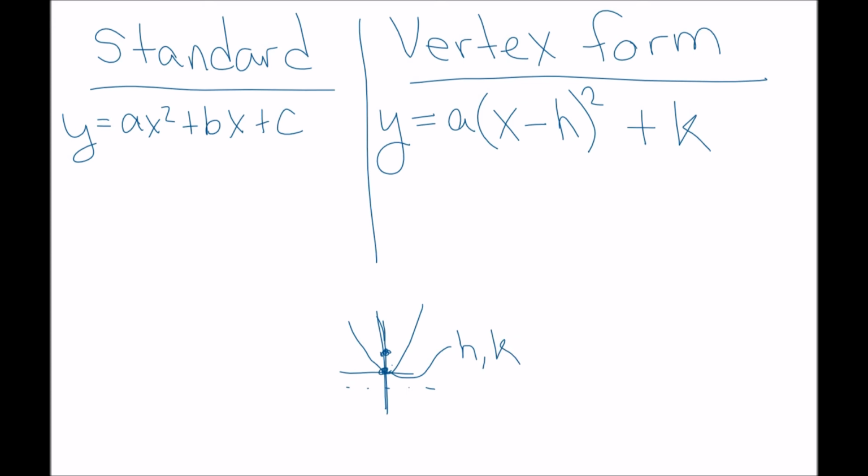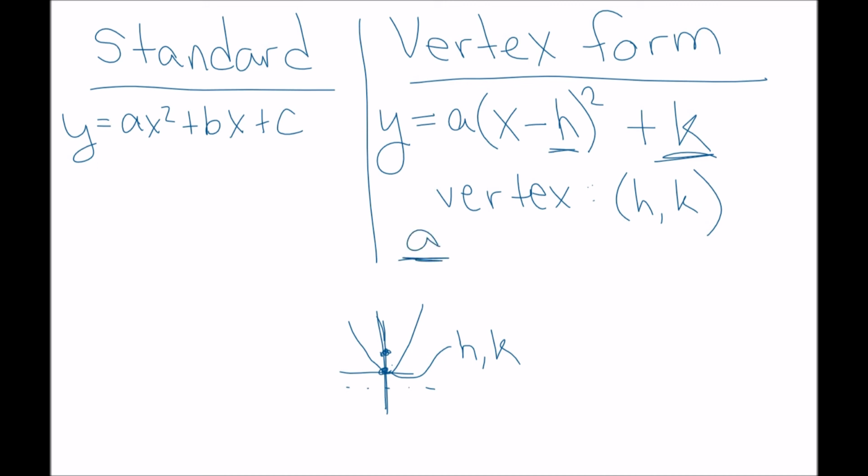All right, so we're going to start with the vertex form. And we already said the vertex is h, comma, k. So that's actually already given in our equation. That's really handy, so we immediately know where that point is. The other thing we need to notice is a. a is really important.